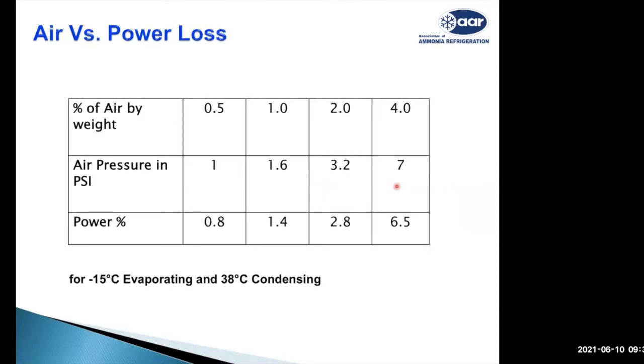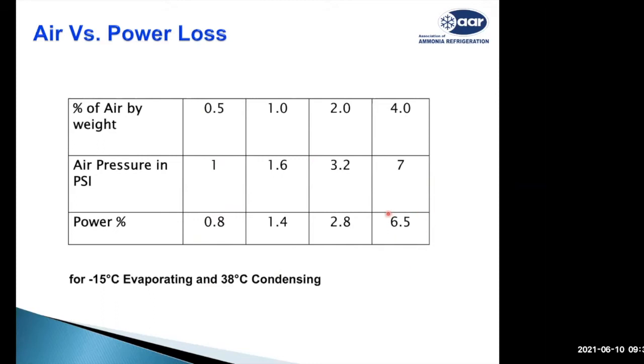So what actually happens? This is typically for a minus 15 degrees centigrade evaporating and 38 degree condensing plant. If I have air of 0.5% in my plant, my pressure may increase by 1 psi and my power requirement will increase by 0.8%. But if I go to 4% of air, only 4% of air, my pressure will increase by 7 psi and power will go up by 6.5%.